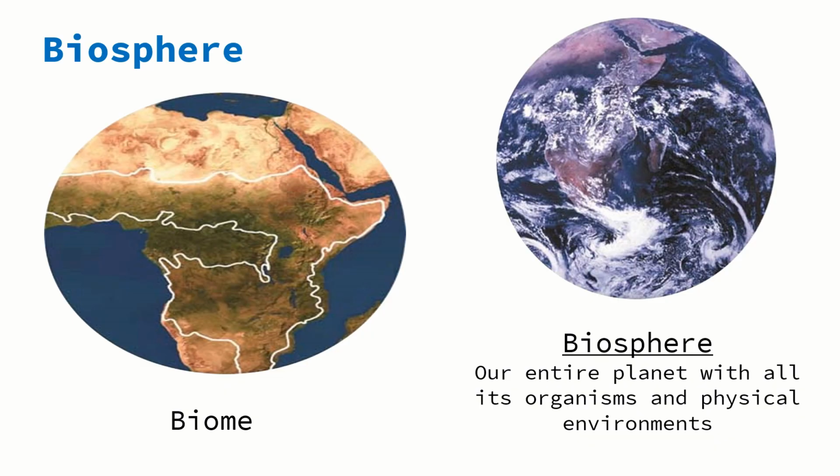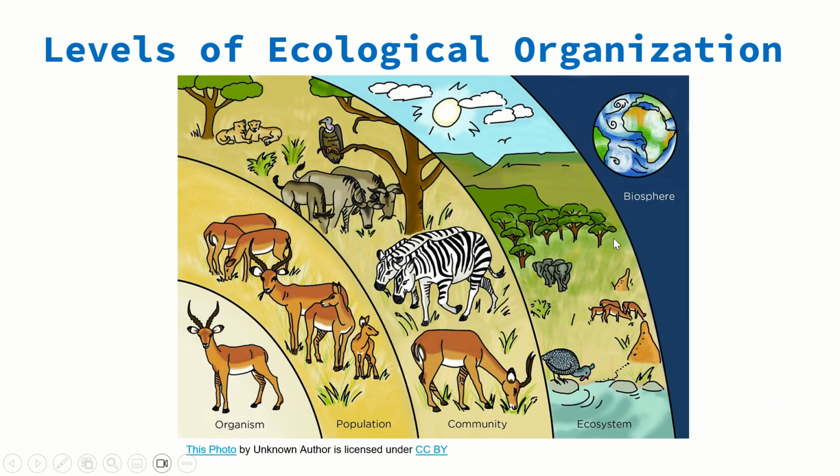And so how do those living things impact as one giant system would be at the biosphere level. So maybe you're talking about the hole in the ozone and how that's impacting living organisms and things like that. So just to review, it goes from organism to population to community, all the living things, to ecosystem, add in the abiotic factors.